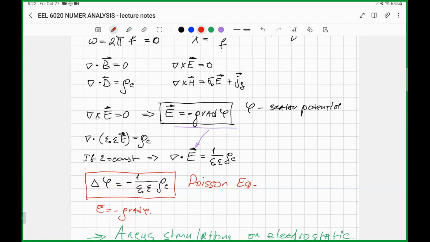The second purpose of this function is that it is actually the potential energy of a charge in this electrostatic field.